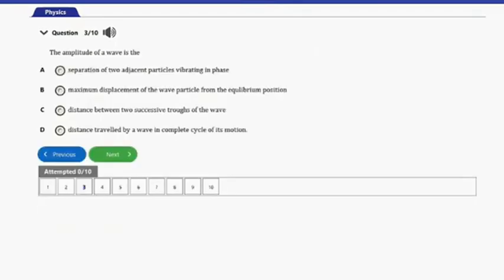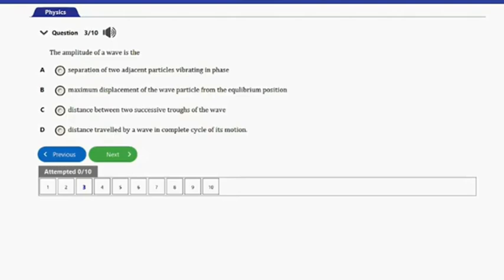So guys, the next question we have here is question number 3. It says, the amplitude of a wave is the A, separation of two adjacent particles vibrating in phase, B, maximum displacement of the wave particle from the equilibrium position, C, distance between the two successive troughs of the wave, and D, distance traveled by a wave in complete cycle of its motion.